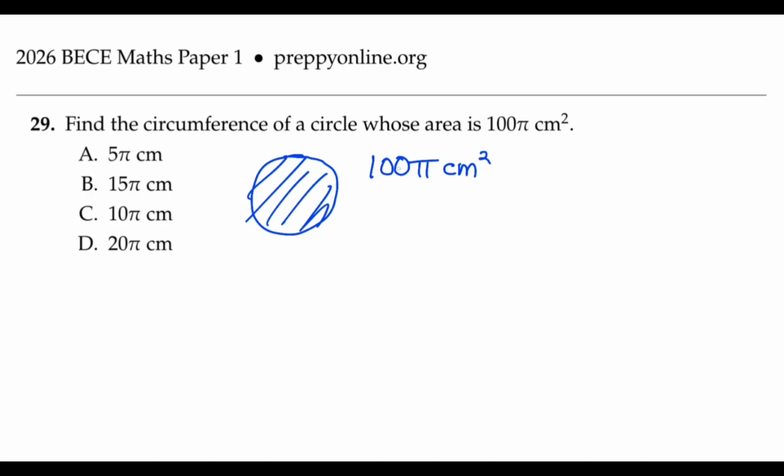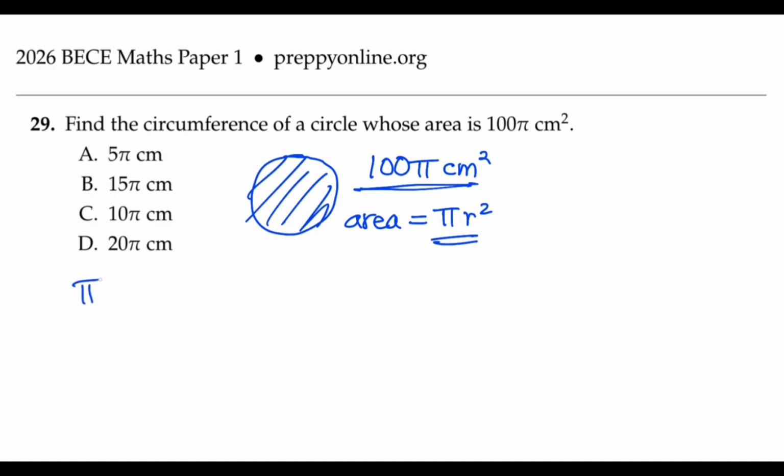Now we have to remember the formula for the area of a circle. For a circle, the area is pi r squared. So we have to set this area to this quantity.